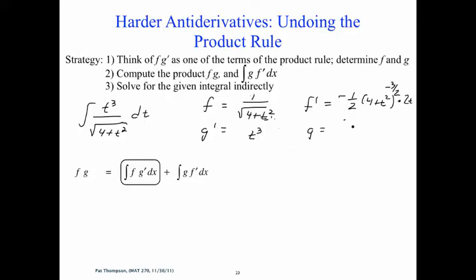And this antiderivative would be 1/4 t to the fourth. And now we're going to do the integral of the product of those. So what are we going to have? We're going to have 1/4 t to the fifth over.